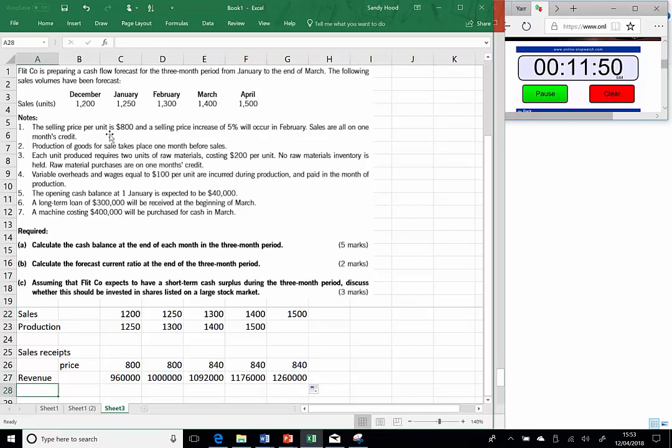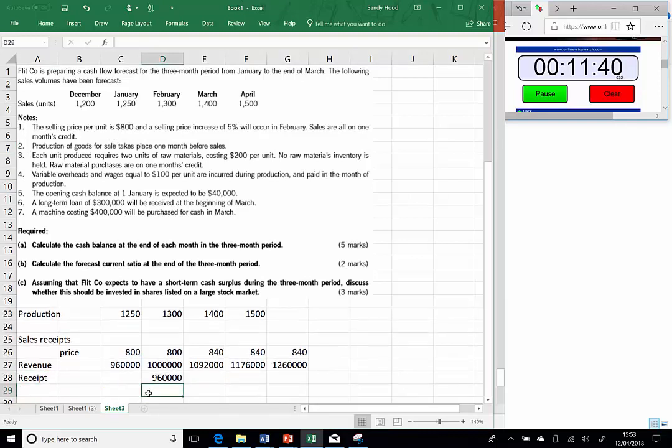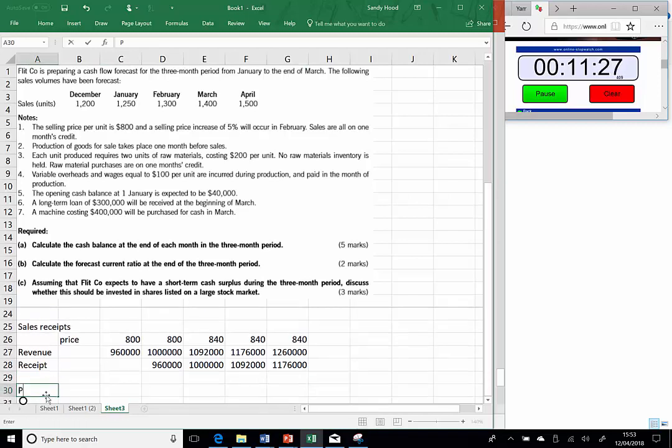We're also told that they're sold on credit, so the receipt is going to be 1 month later, and at that point you understand why it's so important that we get the December figures. Next we move on to payments.